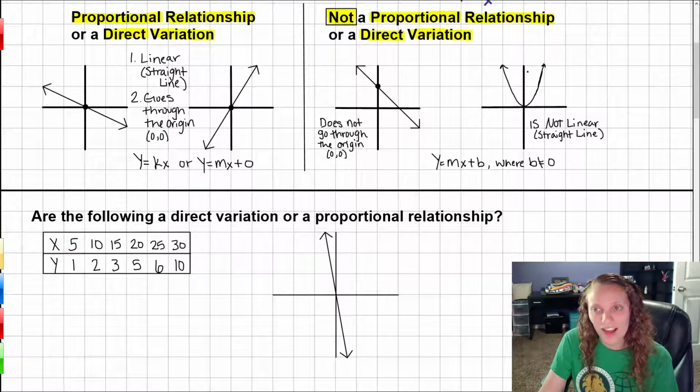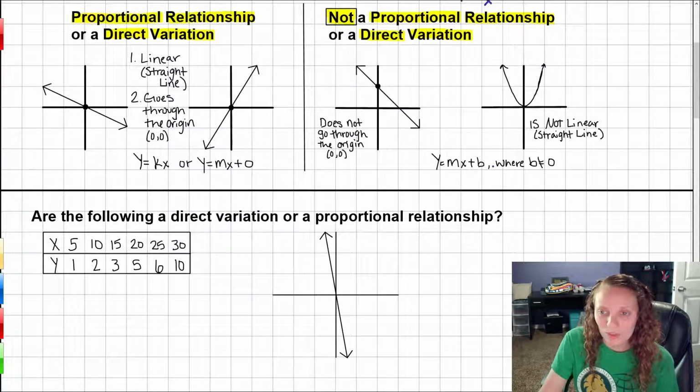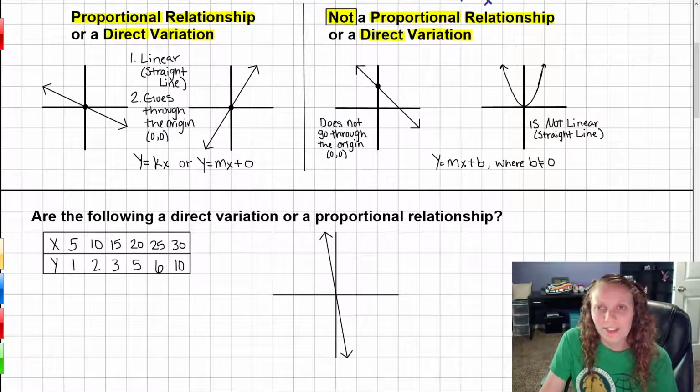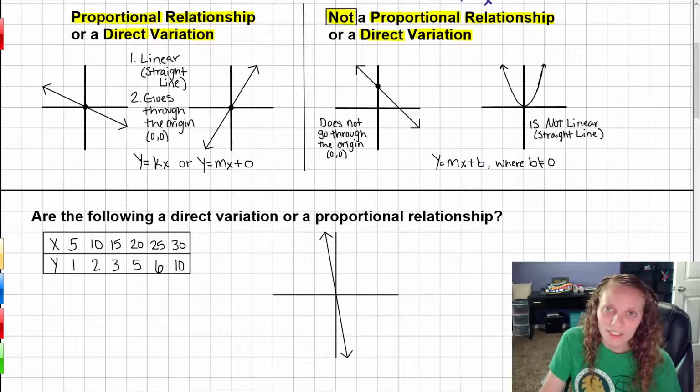It's not a straight line, so this is not a proportional relationship or direct variation. Here's what an equation could look like. y equals mx plus b, where b is not 0. So this y-intercept can be anything except 0. It could be 0.000001. It just cannot be equal to 0.